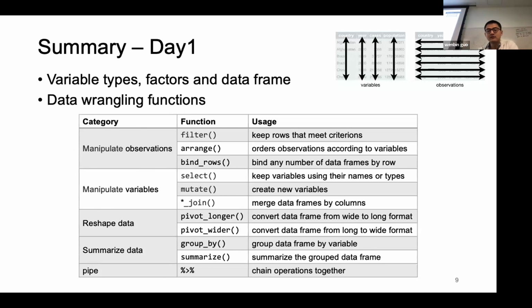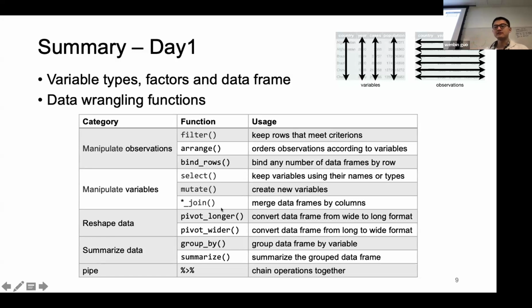To manipulate the variables, we have select and mutate to create a new variable. Select tries to just keep the variables as you desire. And then we have join that can merge the data frames by the specified columns. We also can do some data reshaping using pivot longer or pivot wider to convert the data frame from the wide format to the long format, and from the long format back to the wide format.